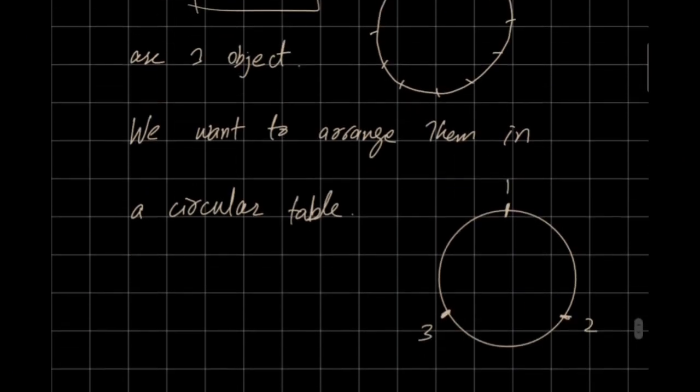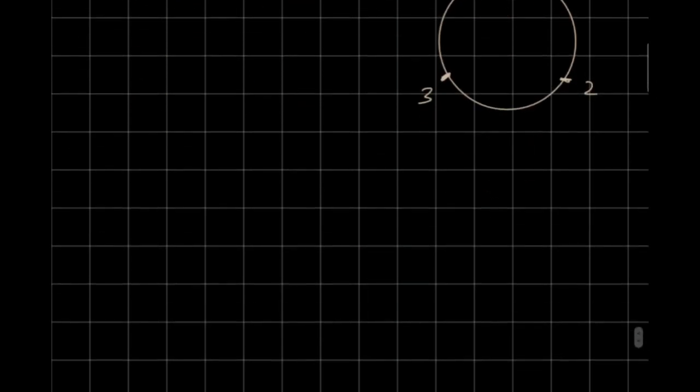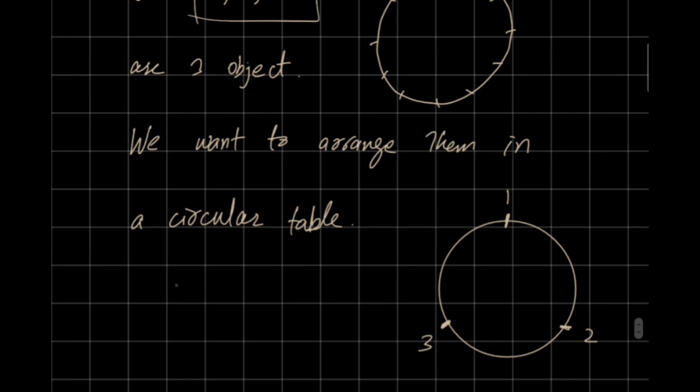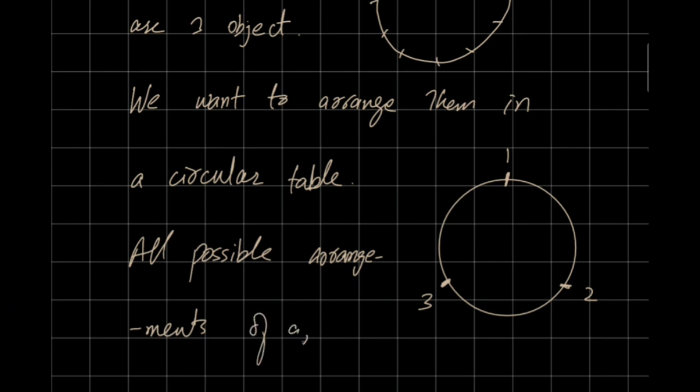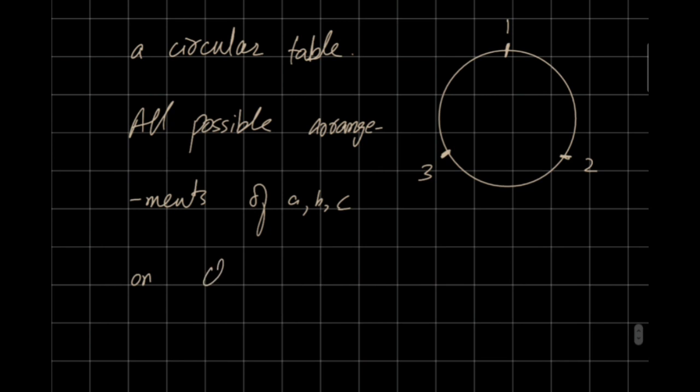Okay, first look at the number of arrangements. How many arrangements are there? All possible arrangements of A, B, C on chairs 1, 2, 3 are given below.